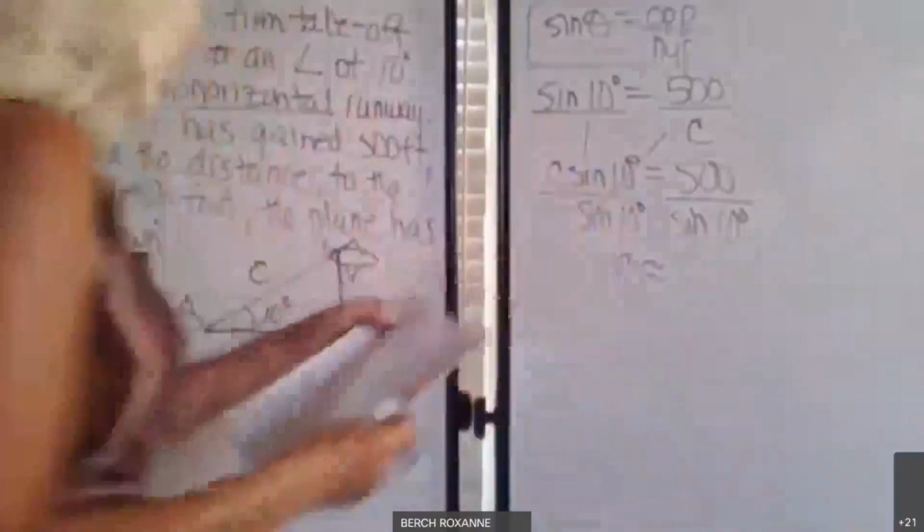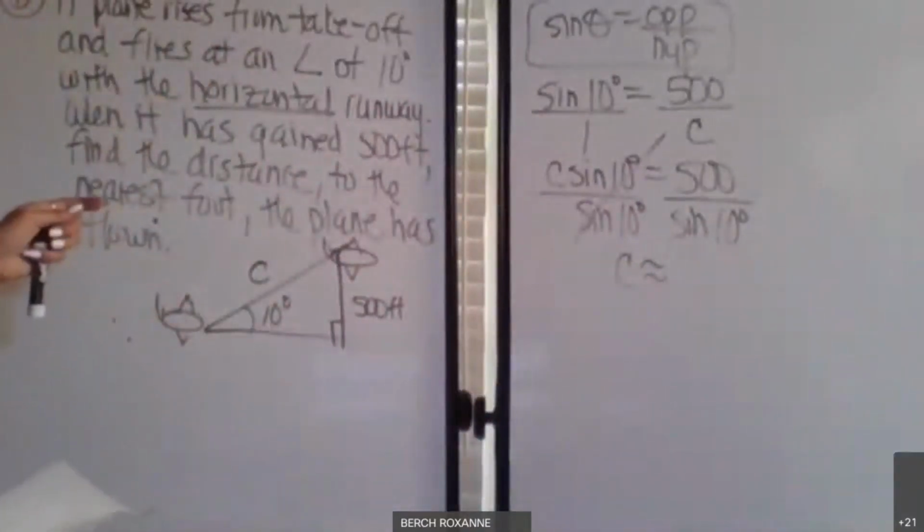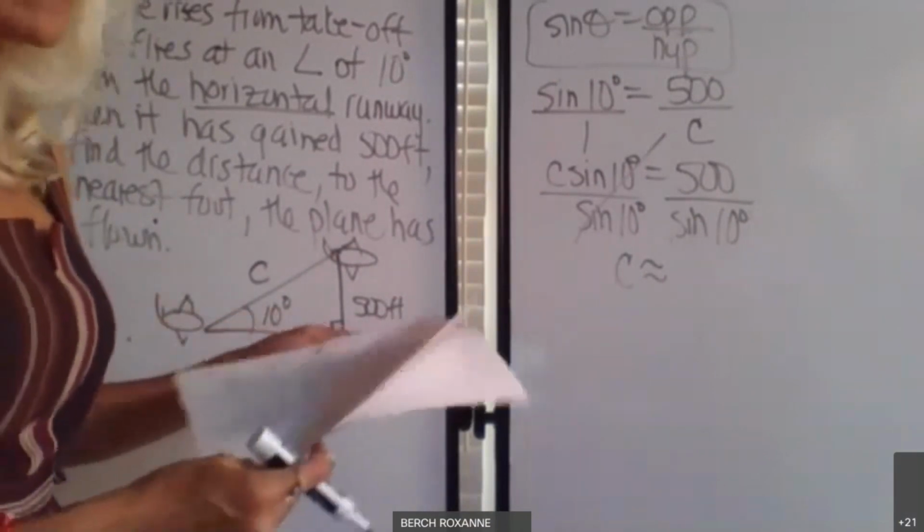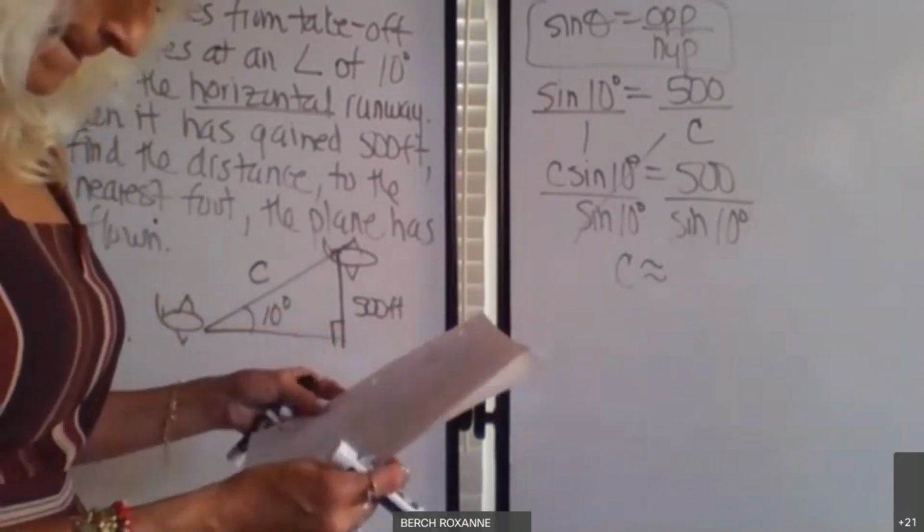So c is about what? To the nearest foot. So this is degree mode. Go ahead, I'm listening. What's 500 divided by sine of 10?